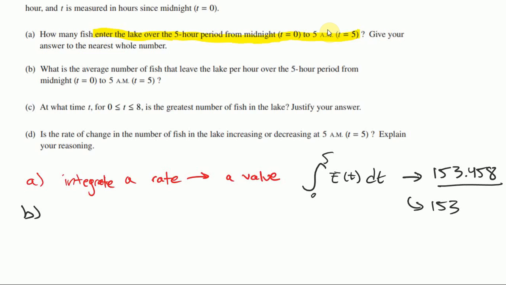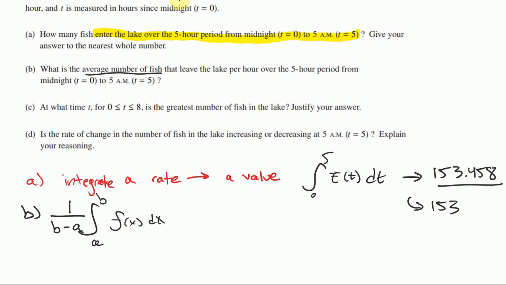Next we've got part B. What is the average number of fish that leave the lake per hour? Average number of fish, very important to write that down, over the 5-hour period from t equals 0 to 5. So average value. Basically, we're going to be multiplying by 1 over b minus a with the integral from a to b of f of x dx.